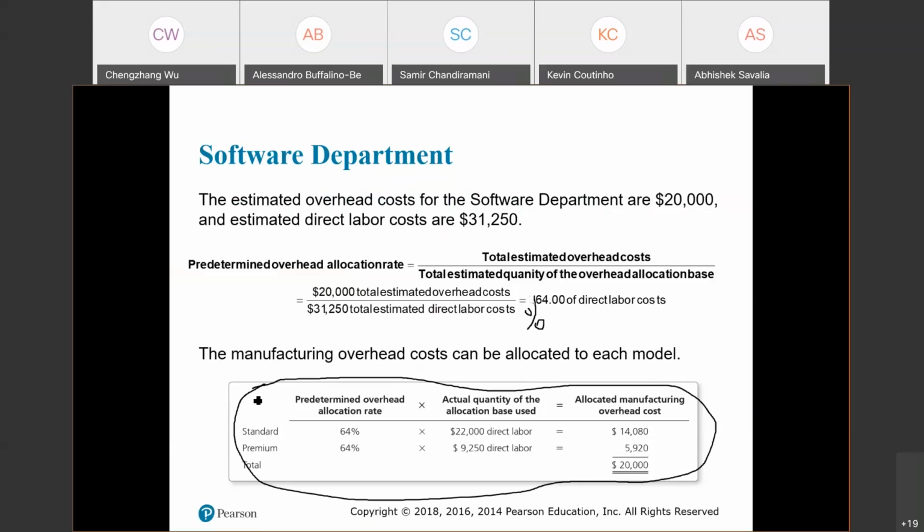And similarly, for the premium model, we use 64% times $9,250, which is the direct labor cost used on the premium model. We get the result for the standard model and premium model respectively.